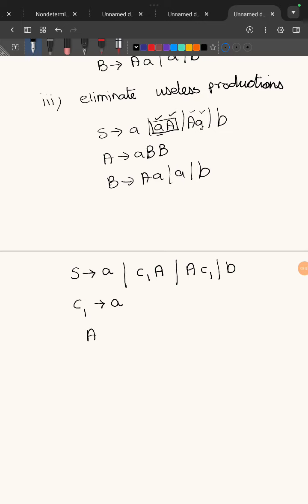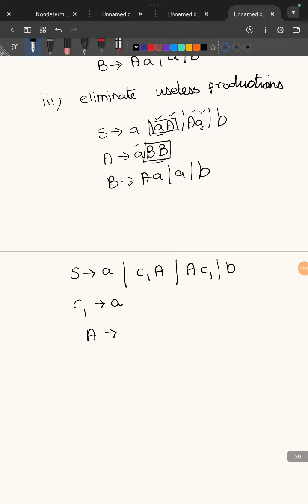Now coming to this part, A is deriving small a followed by two B's. Now what we have to do? We have to split this into two parts. The first part will contain a. The second part will contain this BB. Because these are two variables, that will be allowed. So in this a also we cannot write directly.